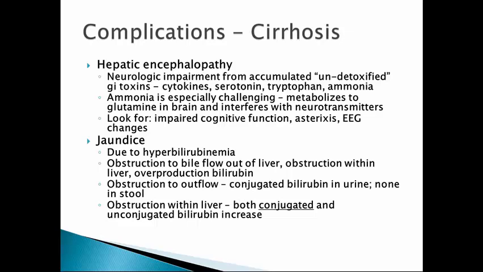So we look for impaired cognitive function, and individuals with high ammonia levels that are encephalopathic have very poor memory. They may be restless, but certainly they're very sleepy, difficult to arouse. The asterixis is due to alterations in those neurotransmitters, so they develop a flap. And if you did an EEG, you would see changes within their brain on neurotransmission.